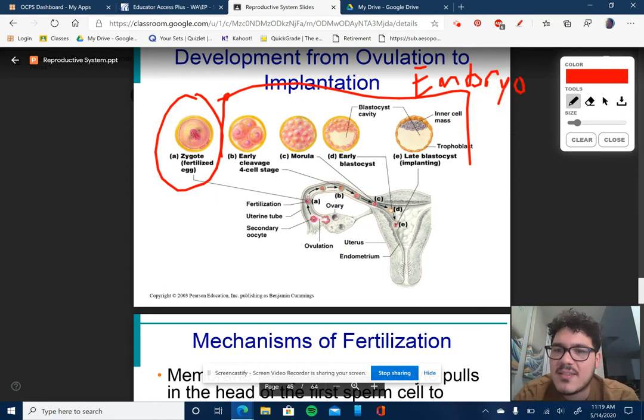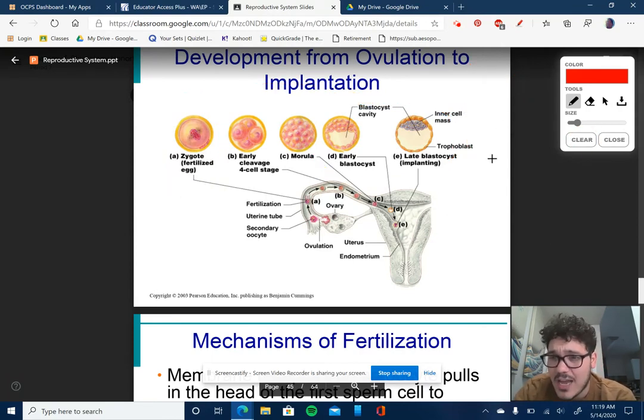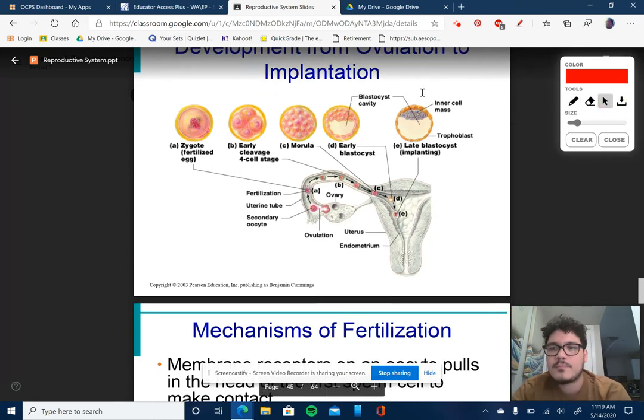As we discussed, the embryonic stage is literally up to 9 weeks, the first trimester, right? In the embryonic stage, we have this special stage right here called the blastocyst, and it inevitably fuses to the uterus so that it can maintain itself for longer periods of time and actually nourish properly.